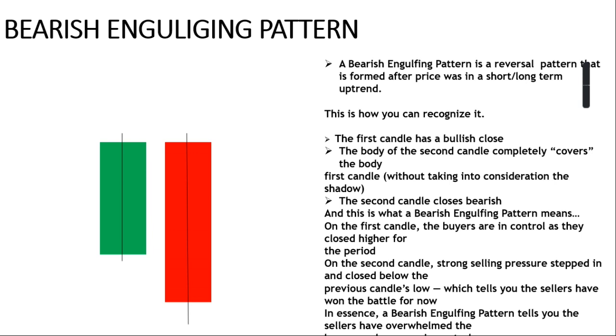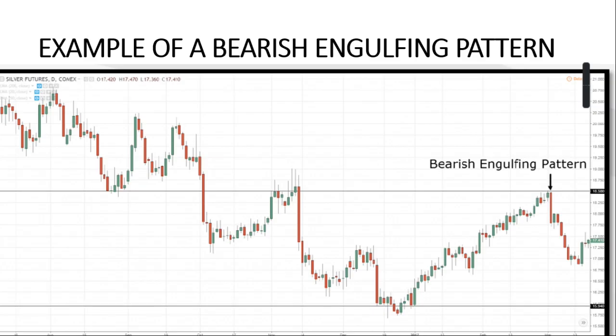Like that, you have more confluence and you can take better, high probability trades. Okay, let's see an example. Look at this beautiful engulfing pattern happening at resistance. So these are the kind of trading setups that you are going to be taking. Don't just sell when you see a bearish engulfing pattern. You have to wait for more confirmation before you can take any trade.